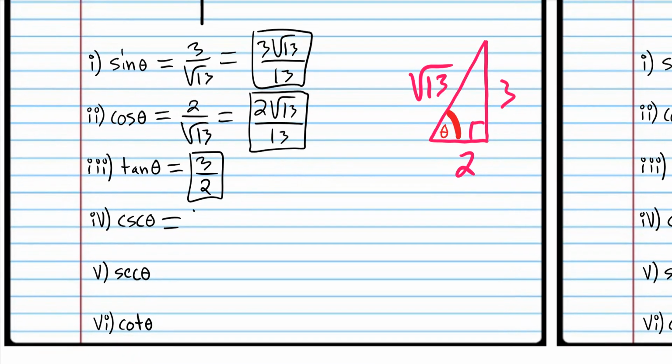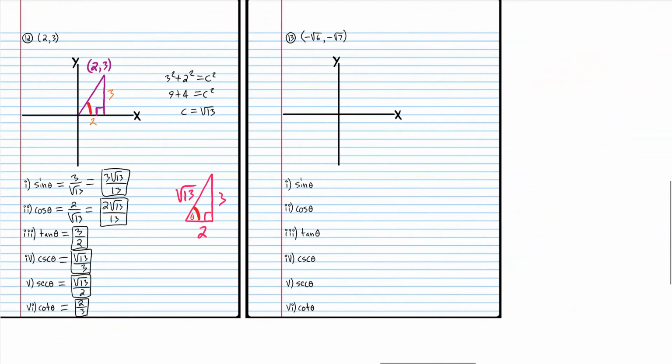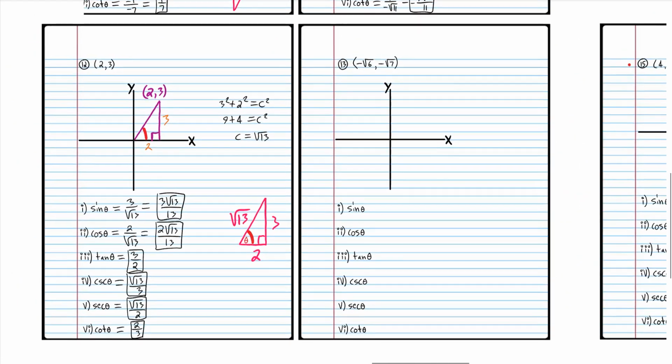Cosecant theta is the hypotenuse divided by the opposite side of the red reference angle. Secant is the hypotenuse divided by the adjacent side of the red reference angle. Cotangent is the adjacent side of the red reference angle divided by the opposite side of the red reference angle. So there you go. So if you got that one right, excellent.